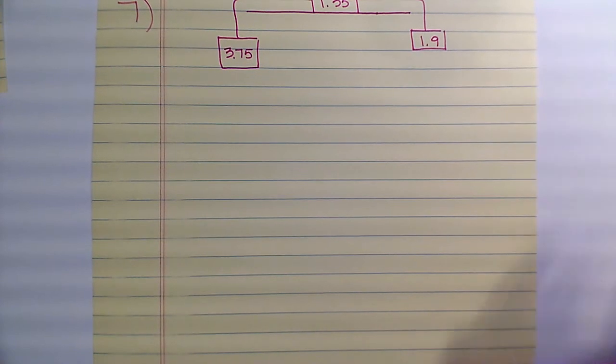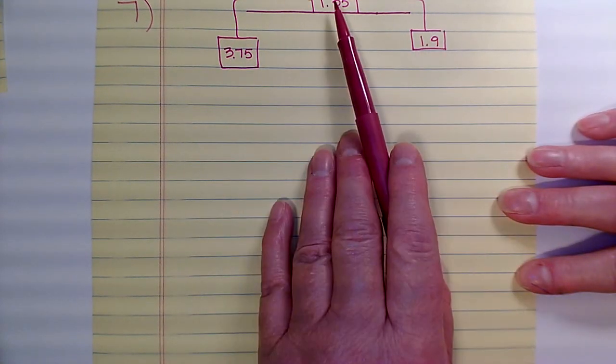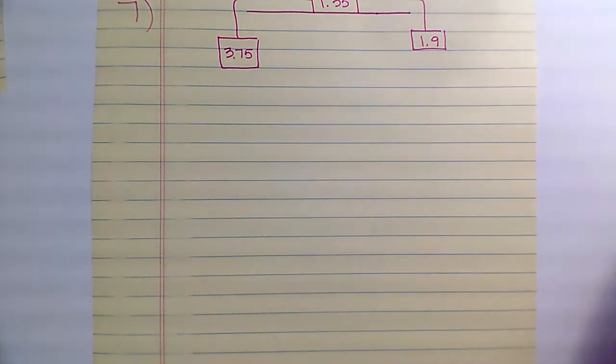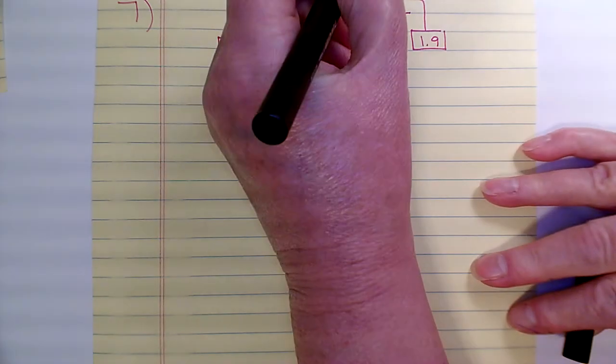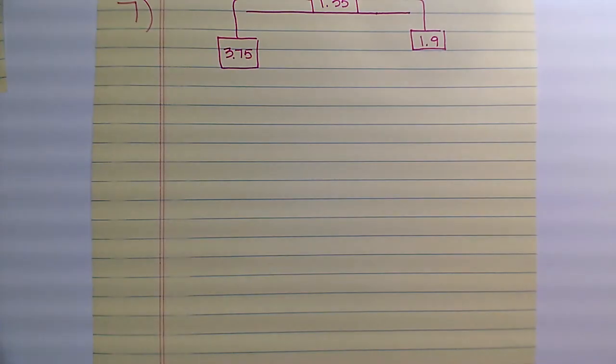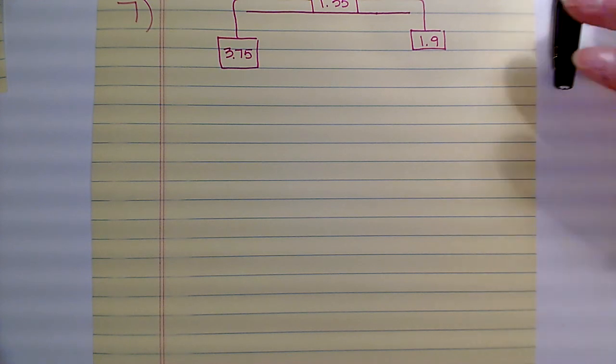All right, so I'm going to look at this picture for a minute, and because this is the heavy block, I'm going to make a judgment call that this whole system is going to move in this direction. And obviously, if my guess is wrong, I'll end up with negative answers, meaning my answers are correct, we just had the direction wrong. But I think we're going to be okay with this.